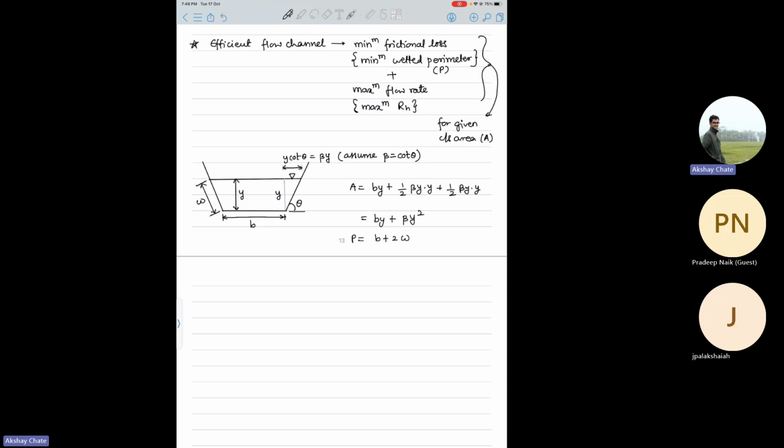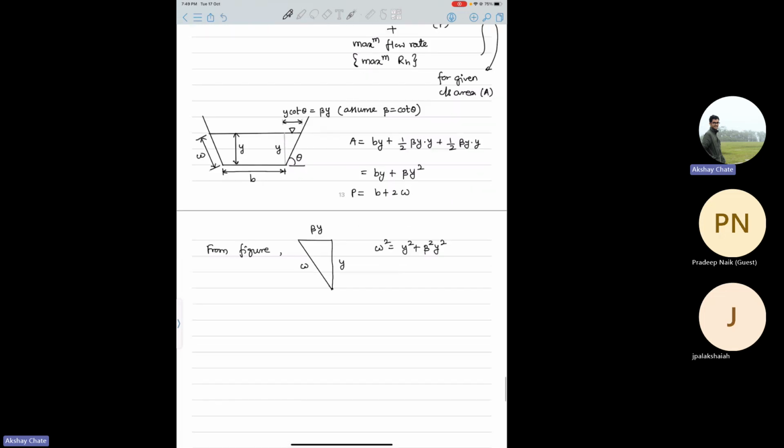From the figure we have a right angle triangle: this is y, this is beta y, and this is W. So W square will be y square plus beta square into y square.